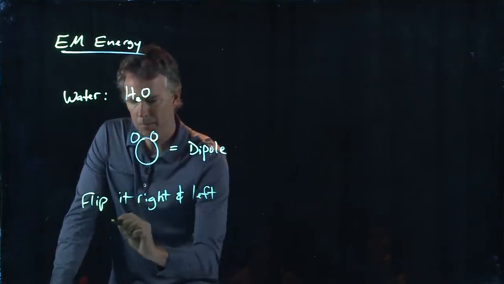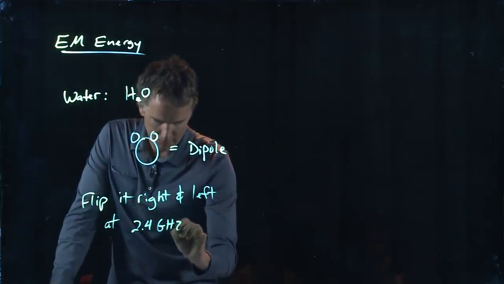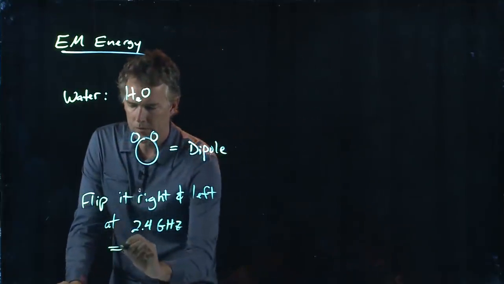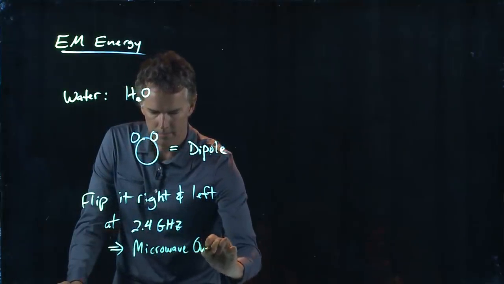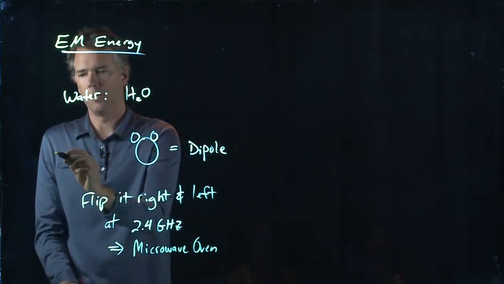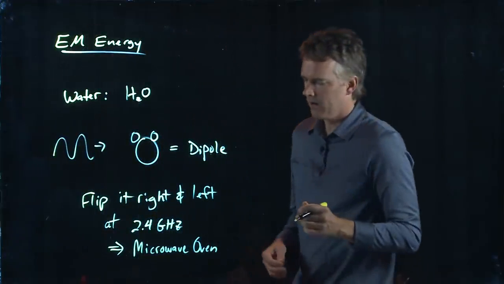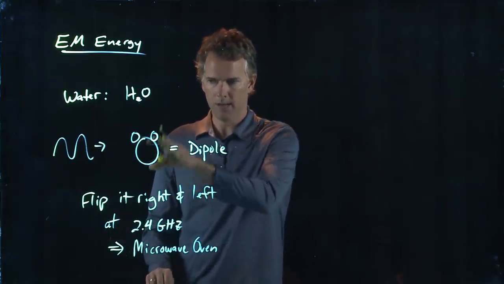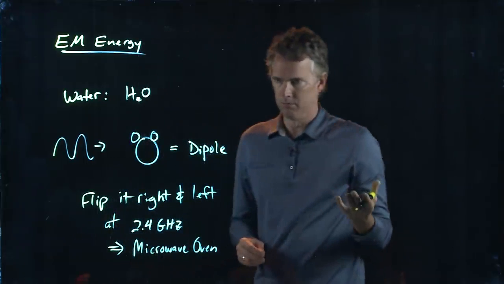But if you do that at a particular frequency, 2.4 gigahertz, this thing turning right and left, that is, of course, your microwave oven. Okay, and there's an electric field that's going to do that, and so we can draw this electric field coming in to do that. Now, if that electromagnetic field is carrying energy, which it is, it's transferring it to the water, and that's heating up your food.